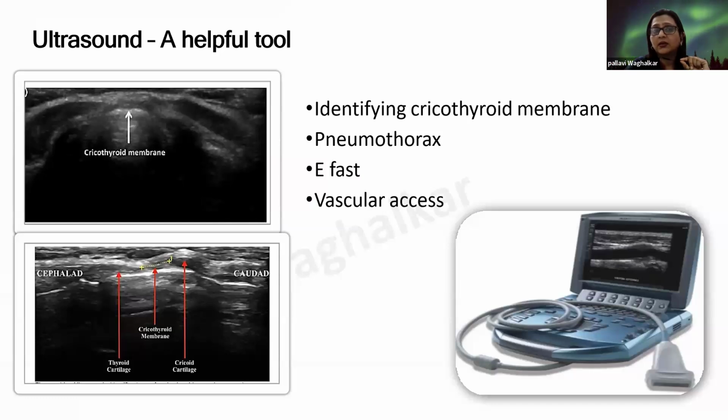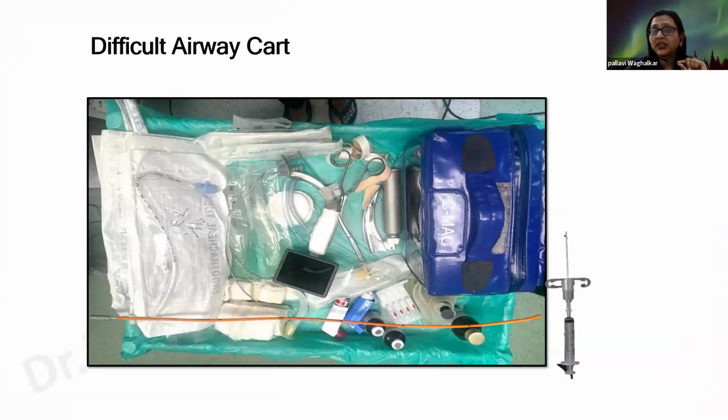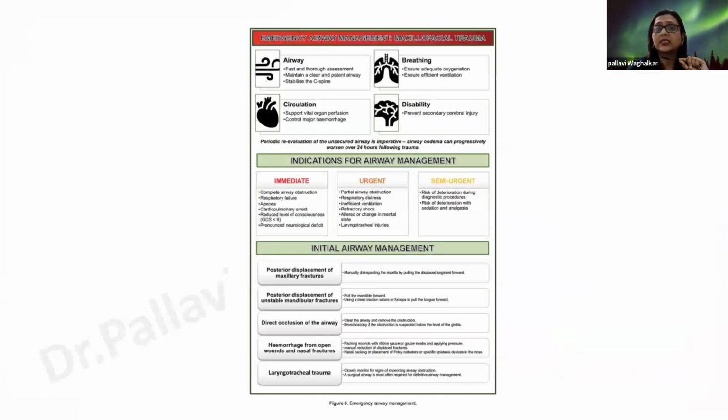In this emergency era, we can also use ultrasound, which can be useful in identifying the cricothyroid membrane, ruling out pneumothorax or EFAST, or in vascular access. Nowadays we can always go with ultrasound. Also, our difficult airway card should be ready for emergency as well as elective cases.